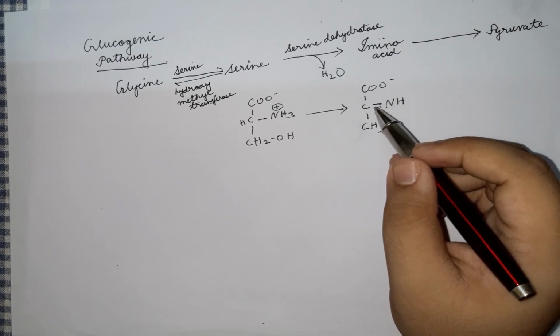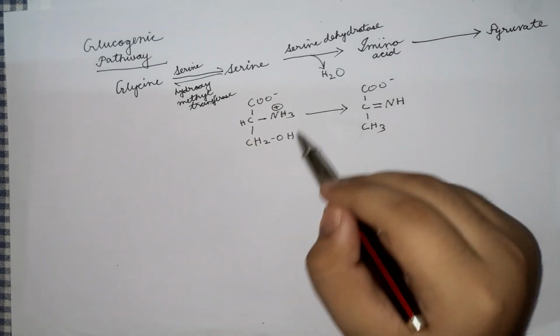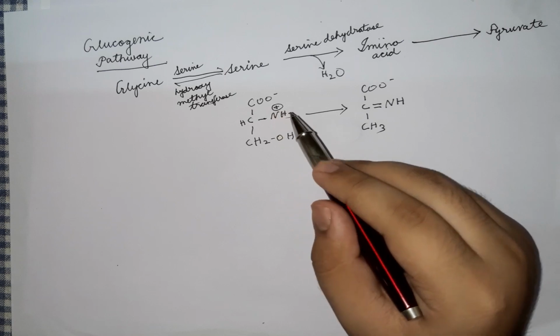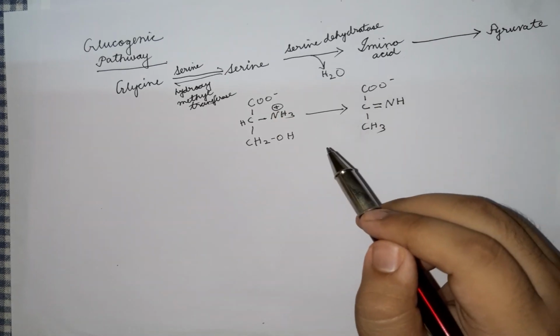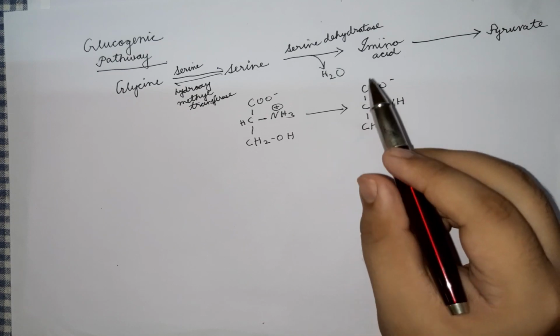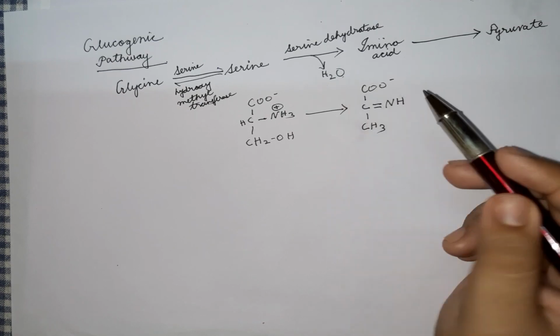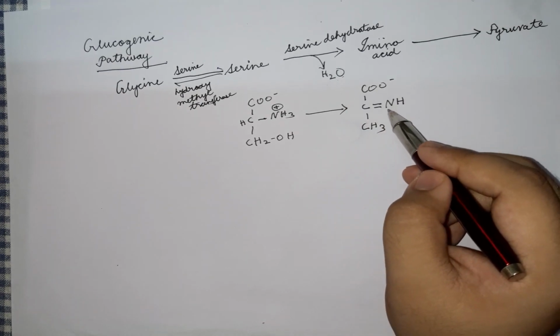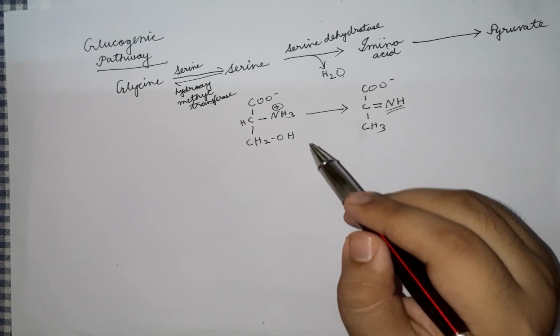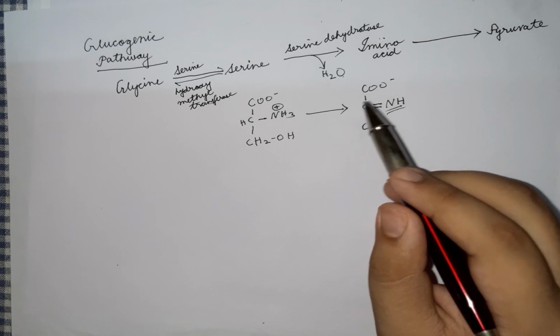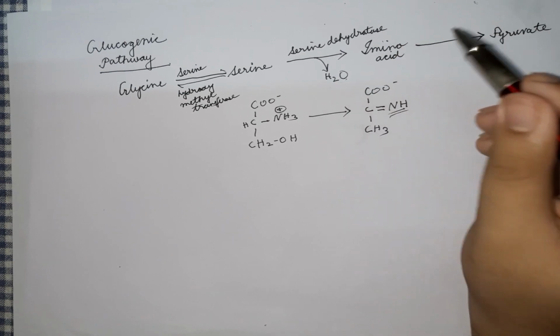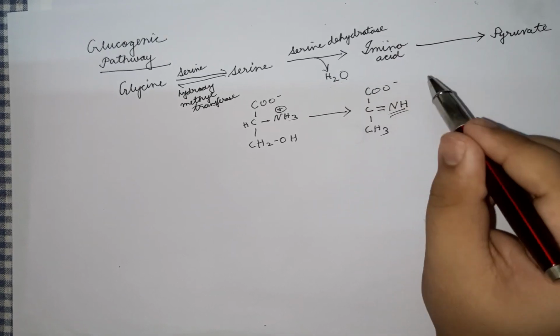So what's happening is that we are getting, from serine, the amino acid. And how is that happening? That is happening because we are removing a molecule of water, and hence the amino acid is being formed. Now what we need to understand is how pyruvate is formed from the amino acid.